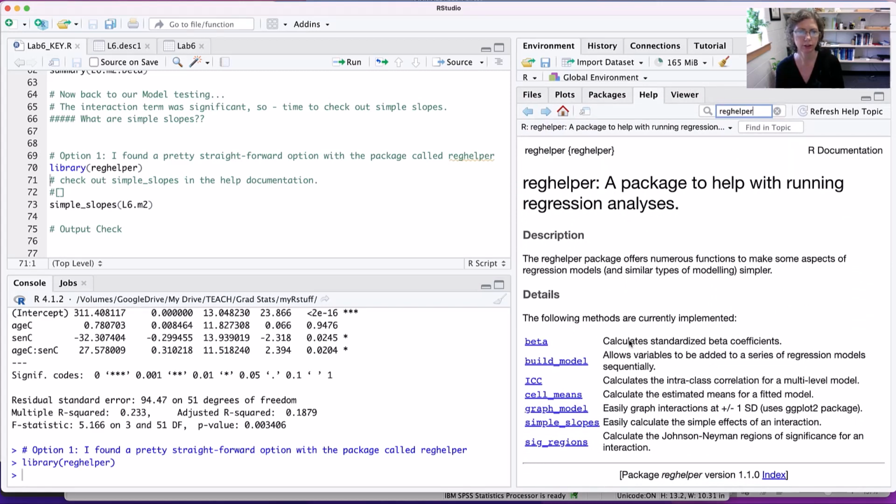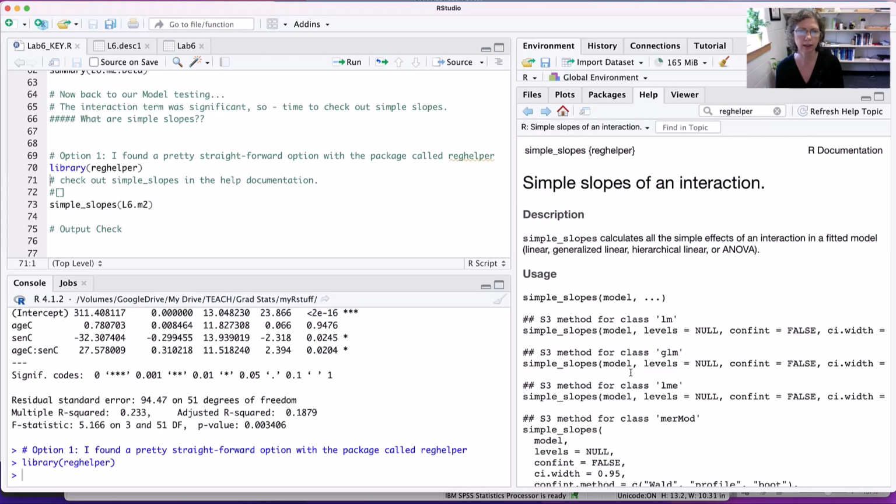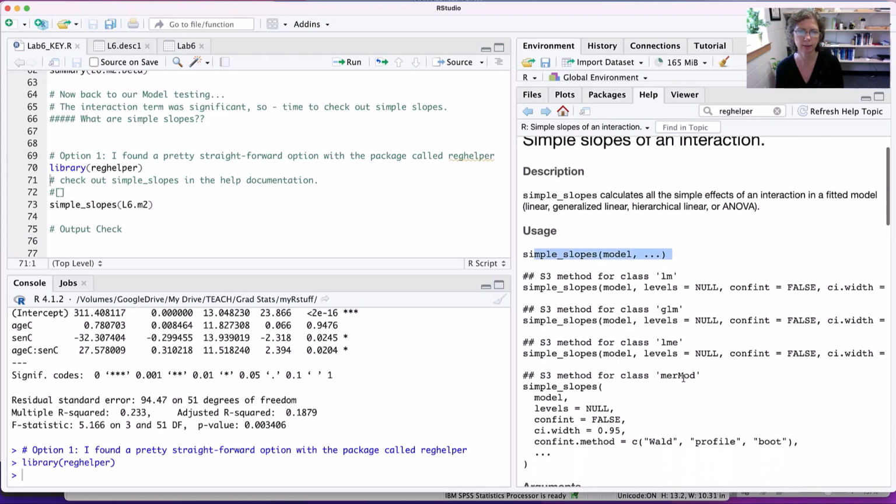It's got just a few functions. It's not long, but they've got beta, build model, ICC, graph model, that might be cool, and simple slopes, which easily calculates simple effects of an interaction. Okay, sounds good to me. We can follow that, and it even gives us how the syntax might run.